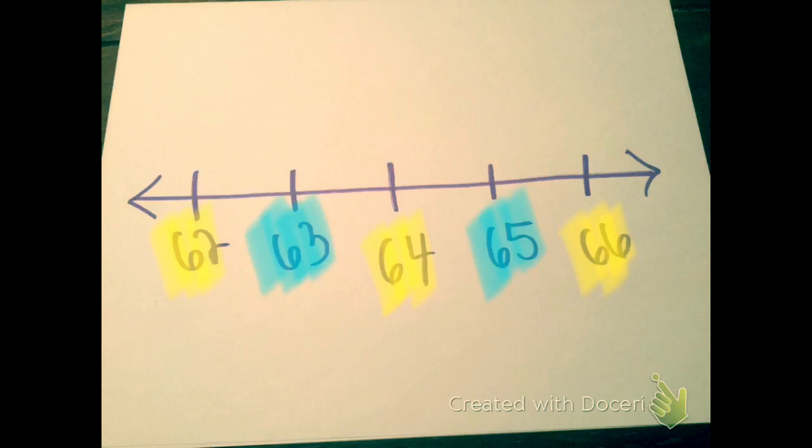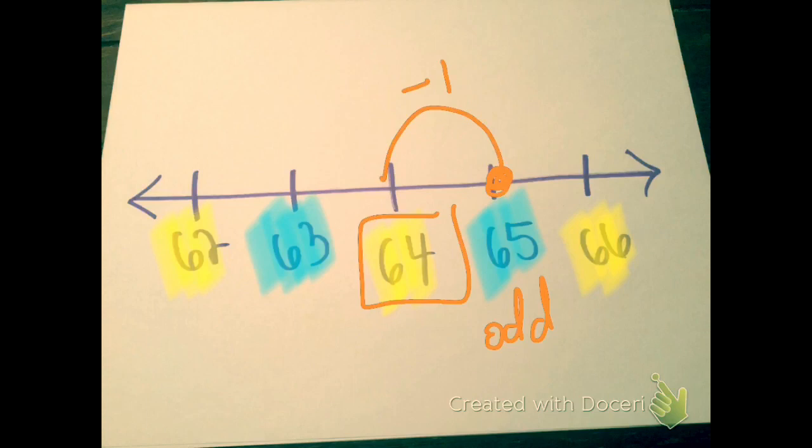This is true for subtracting as well. So if I'm subtracting and I'm starting at 65, which is odd, and then I move back 1, or I subtract 1, I'm landing on an even number. So odd minus 1 equals even.